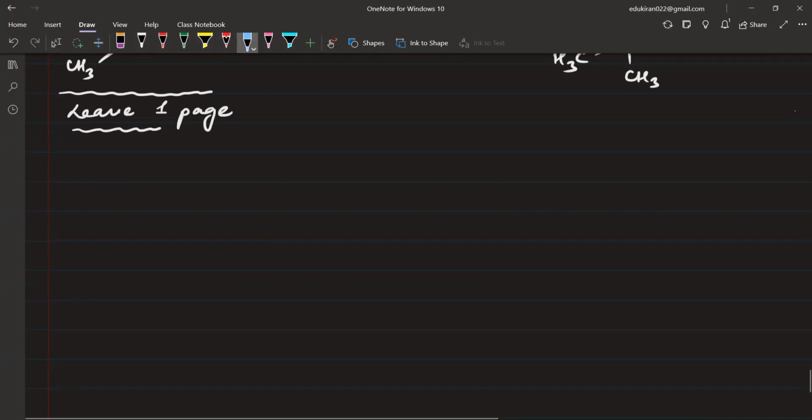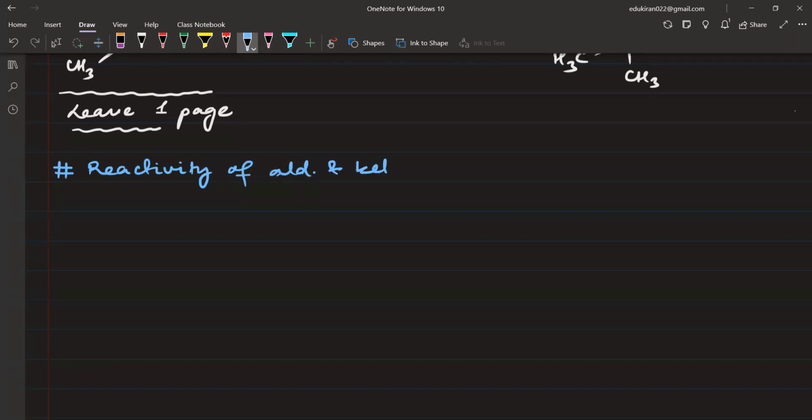And then write the topic: Reactivity of aldehyde and ketones towards nucleophilic addition reaction.